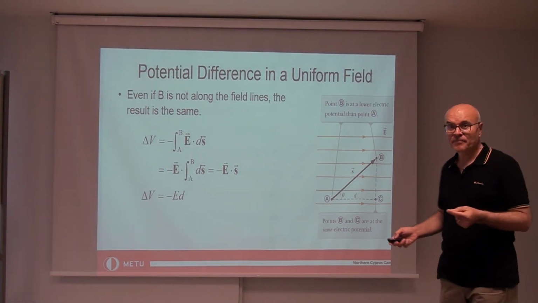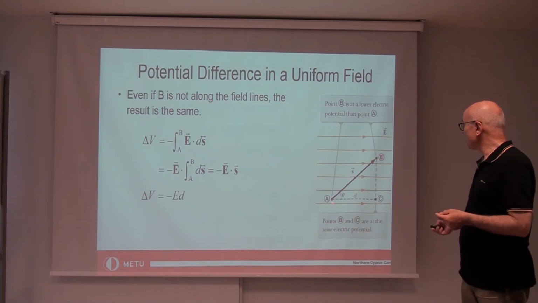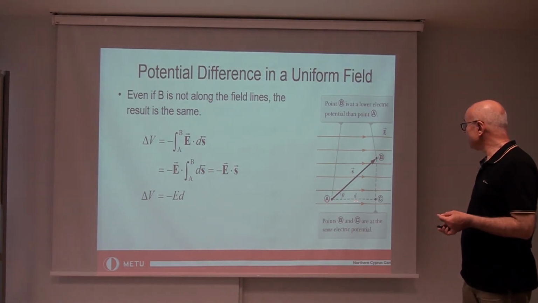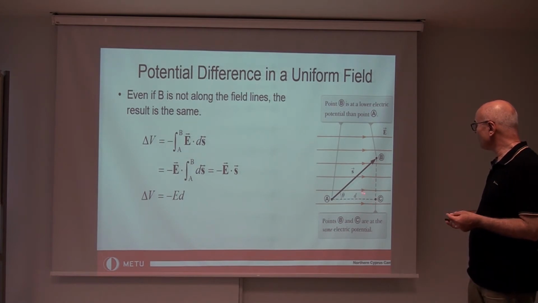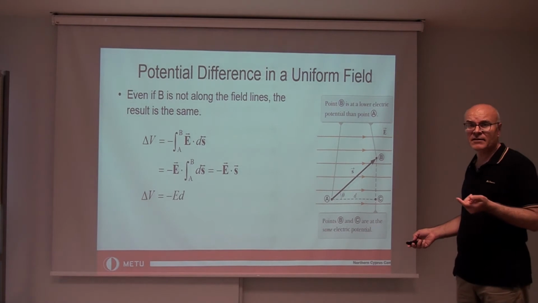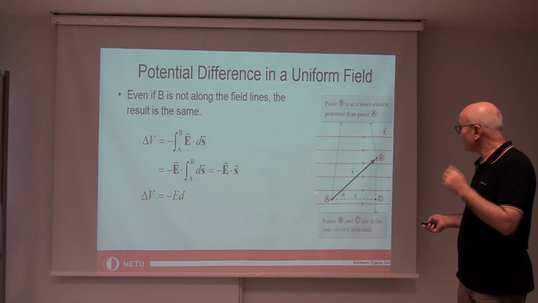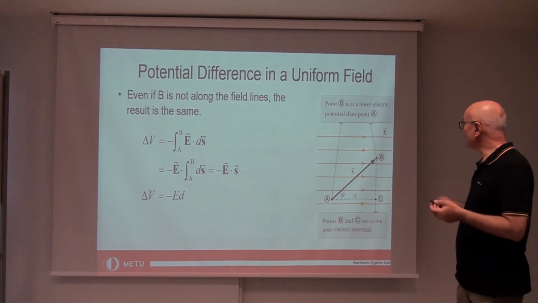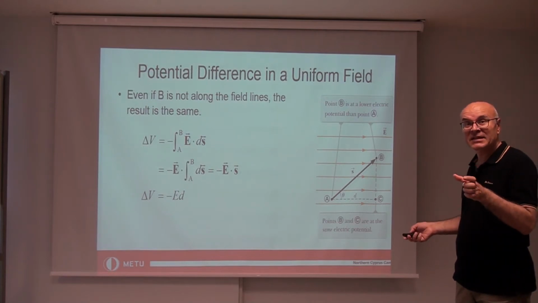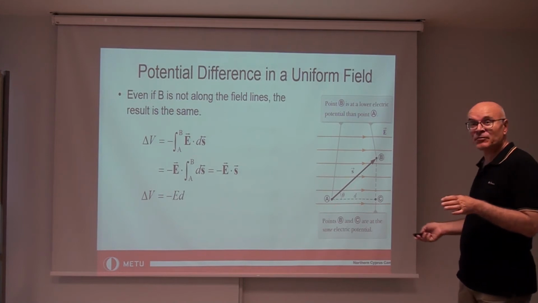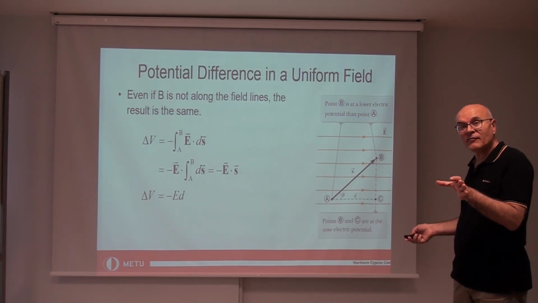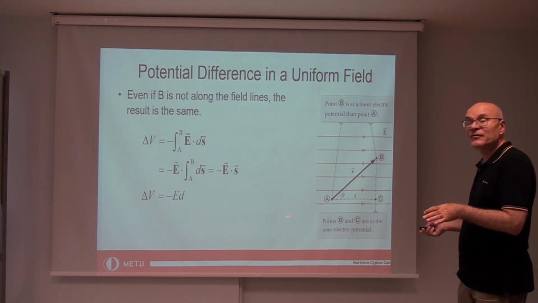So even if the point B was at a distance d, but not along a field line, in this form, then the potential difference is still the same. The meaning of this is that the potential difference between two points in a uniform field depends not on the physical distance between them, but on how far they are from each other along a field line.